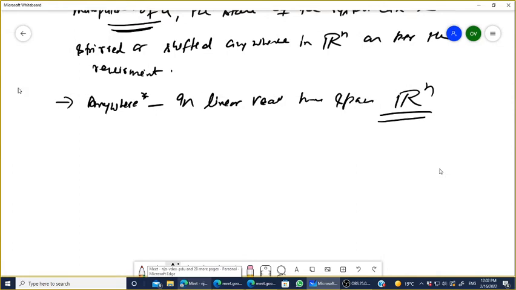So now another definition is also given, that is also formal, in the bookish language.